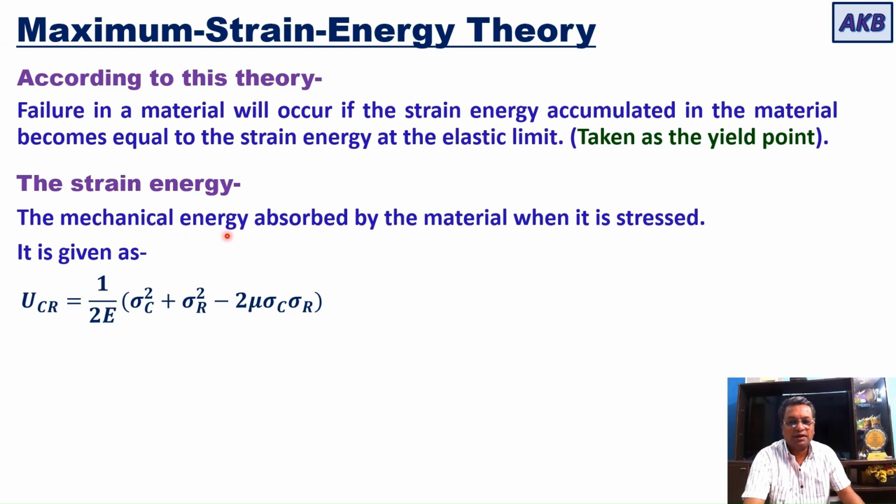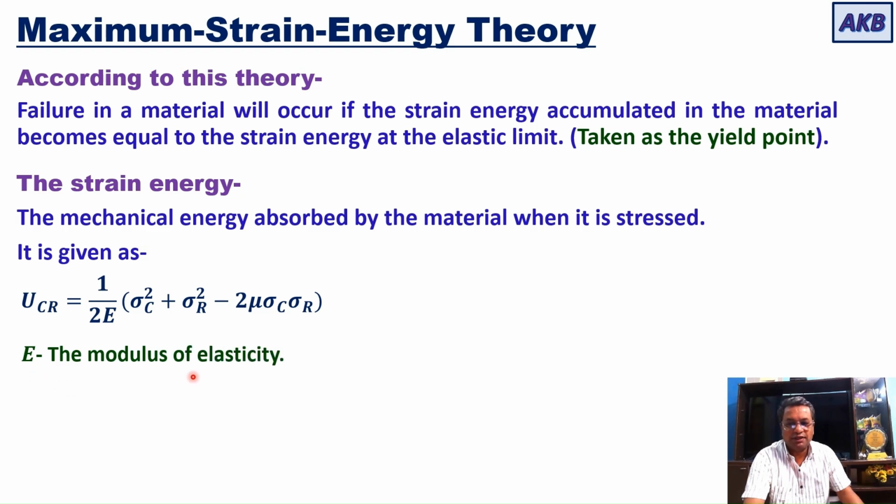If any material is stressed, then the mechanical energy absorbed by it, that is the strain energy in the material, is given by this equation: U_CR is equal to 1 upon 2E into (sigma C squared plus sigma R squared minus 2 mu into sigma C into sigma R).